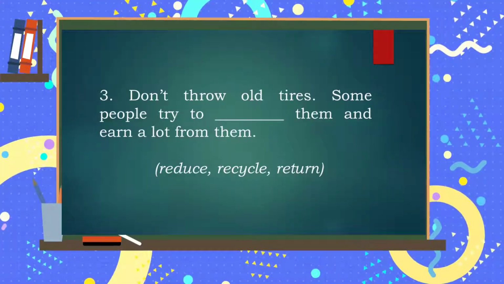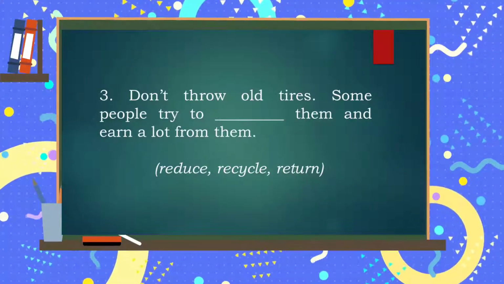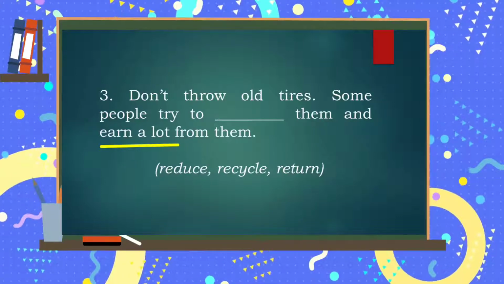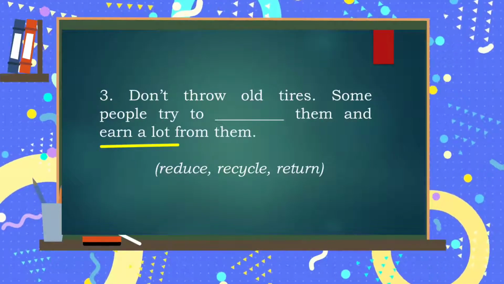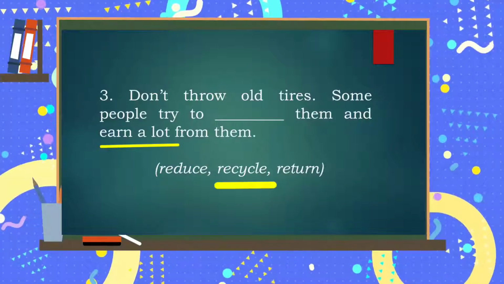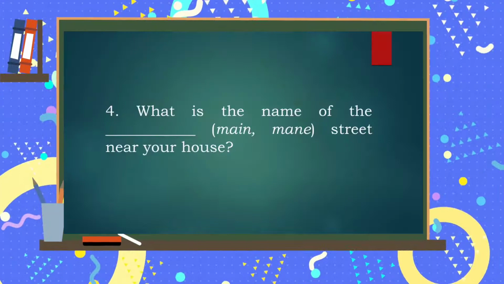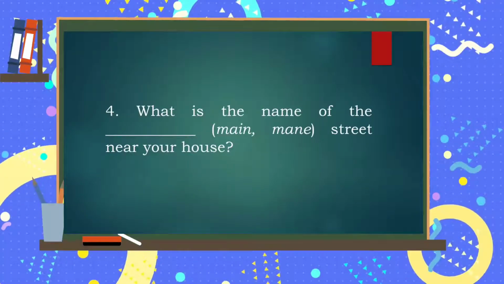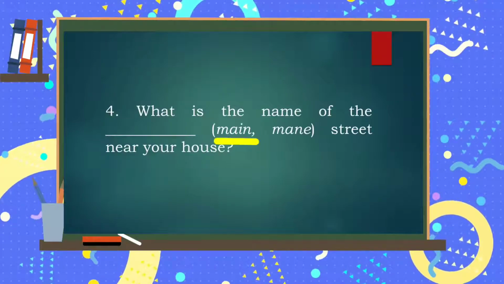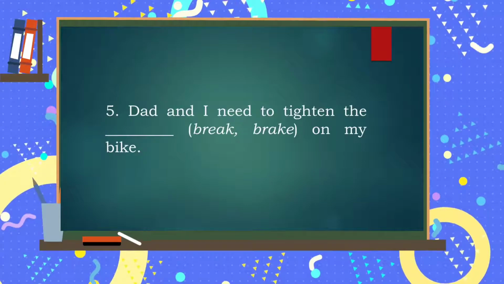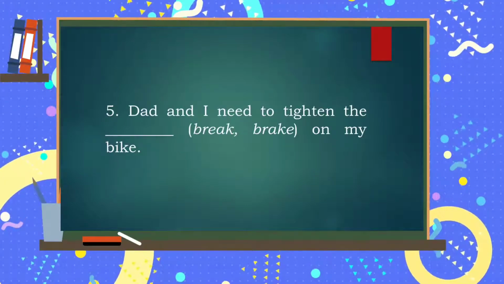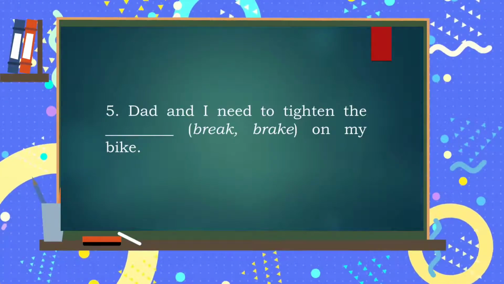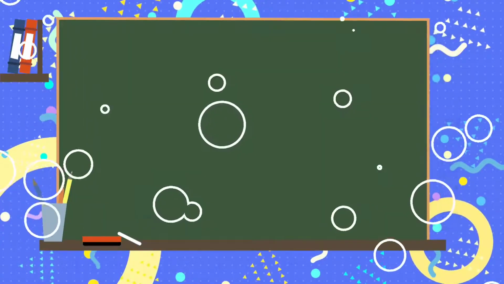For number 3, the clue word is earn a lot. How can you earn from old things? Of course, it is through recycling. In number 4, we have homonyms or homophones, and the correct answer here is main. Again, for number 5, we have homonyms, and the correct answer here is break.